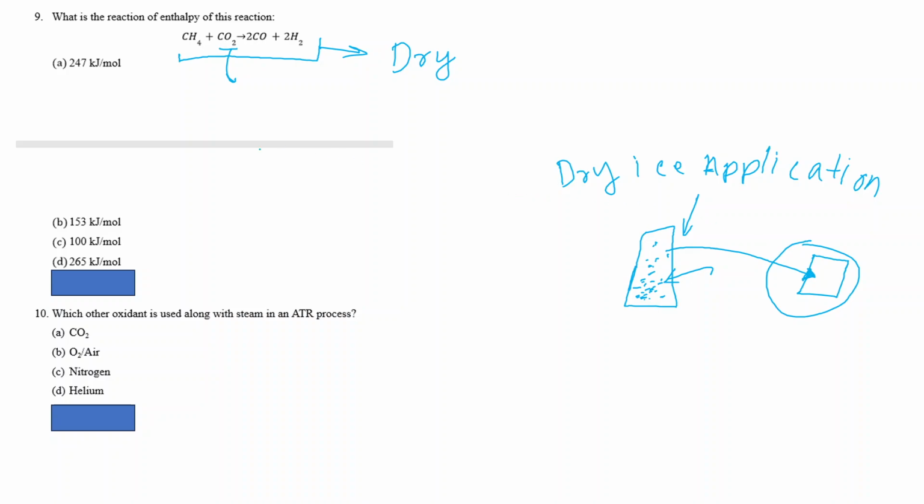This is an application, or maybe in the food industry or medical industry. I think it may be useful in the medical industry. Where moisture is critical and for maintaining lower temperatures, dry ice is used. Similarly for food also.